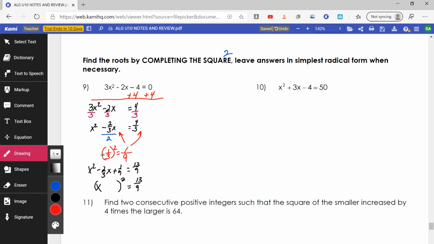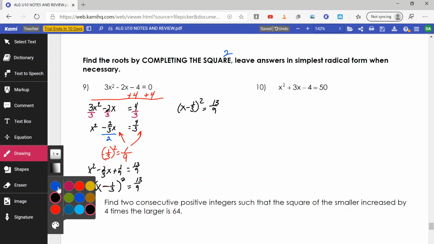And when we divided negative 2/3 by 2, we got negative 1/3, so that's the number we have in our problem. So we have x minus 1/3 squared equals 13/9. So I'm going to bring it on up over here. We have x minus 1/3 squared is 13/9.